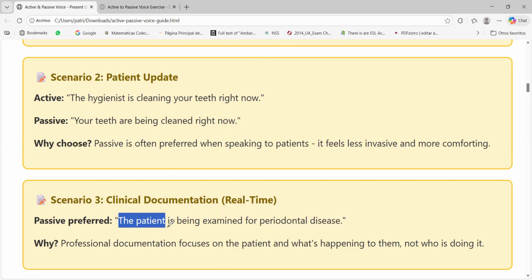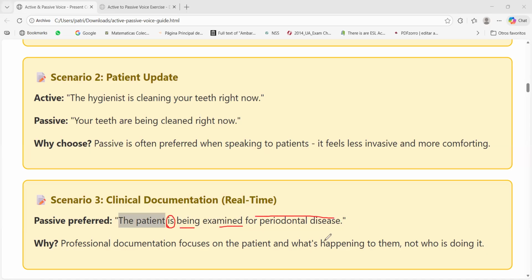And patient is being, because it is in progress, and examined in past participle, for periodontal disease.